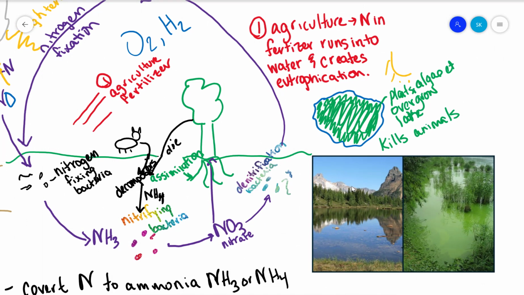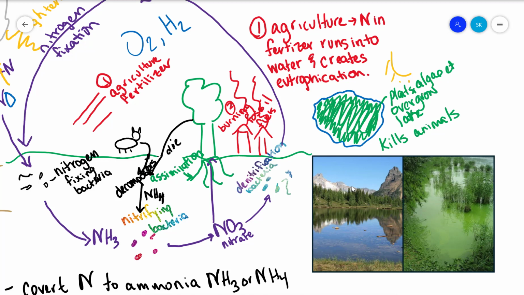All right, and so I said there were only two ways in which human beings mess this up. And the second way is, of course, our factories and our burning of fossil fuels.